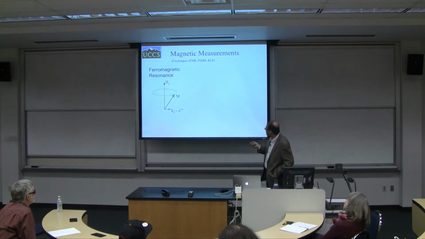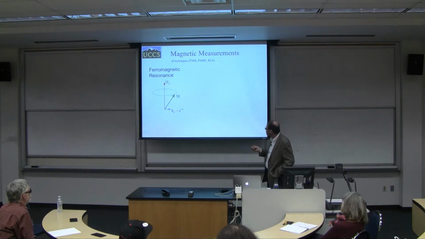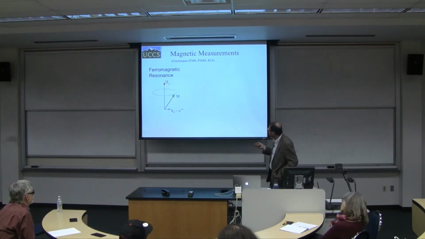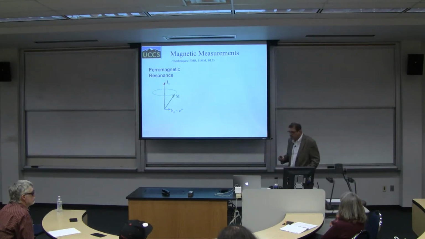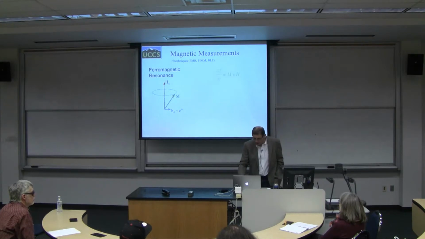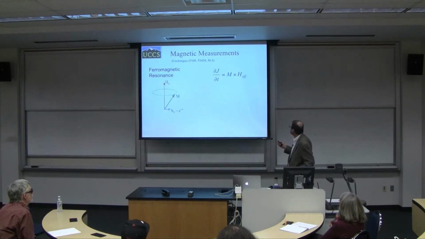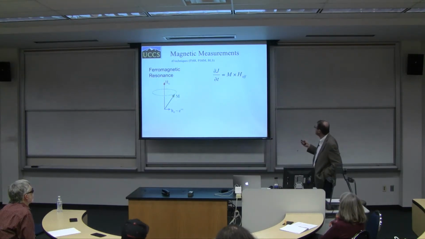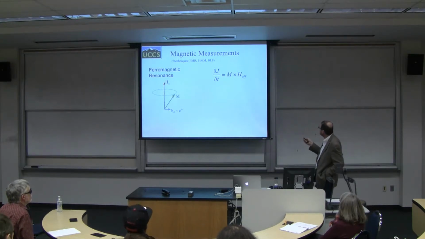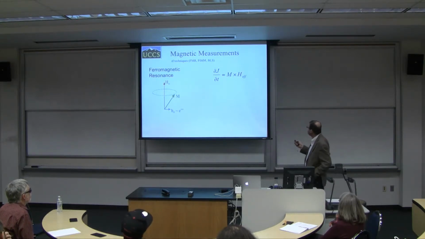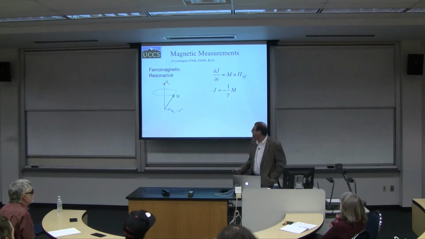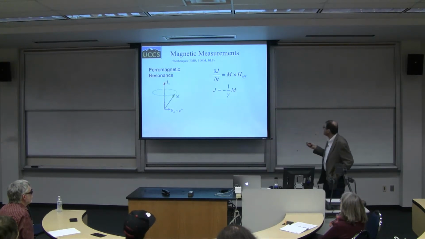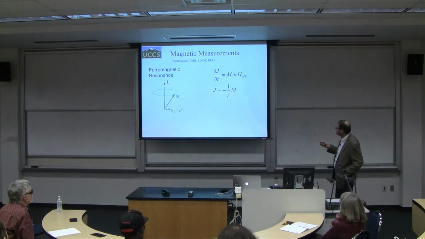I have this precession and I have this oscillation, and if this oscillation agrees with my natural precession frequency, then I resonantly absorb energy. If I look at the relation here, the change of the angular momentum is given by m cross effective field. Now the J, angular momentum, is related to magnetization by this factor gamma.